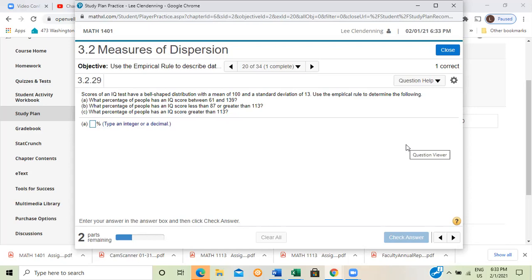Okay, 1, 2, and 3: 68, 95, 99.7. Part A. What percent of people have an IQ between 61 and 139?